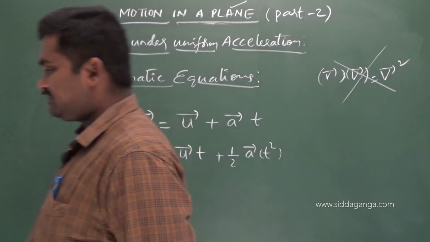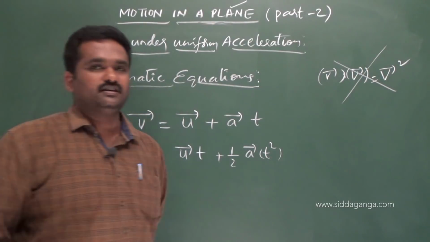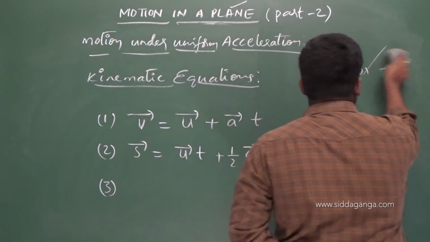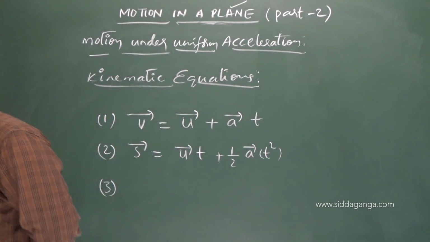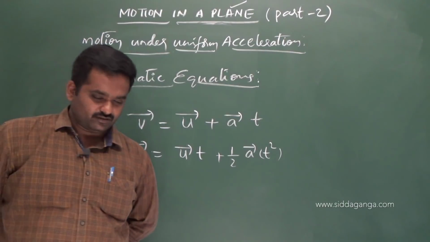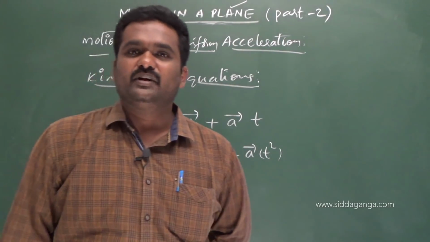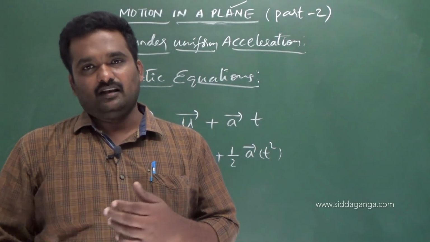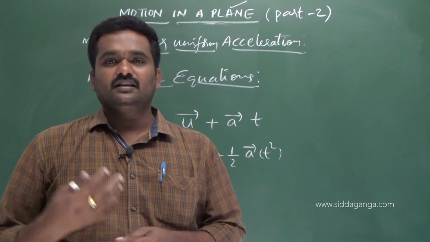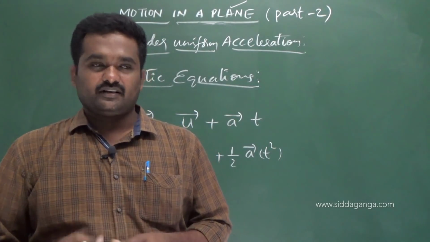You cannot multiply vectors just like numbers. For that we have two ways of multiplication: scalar multiplication and vector multiplication. Scalar product is nothing but the dot product, and cross product is nothing but the vector product.